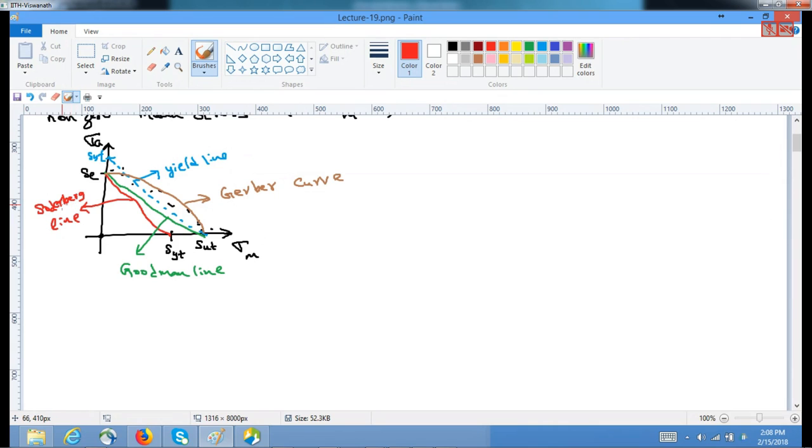And we have written down the equations for the failure envelope for different cases as follows.